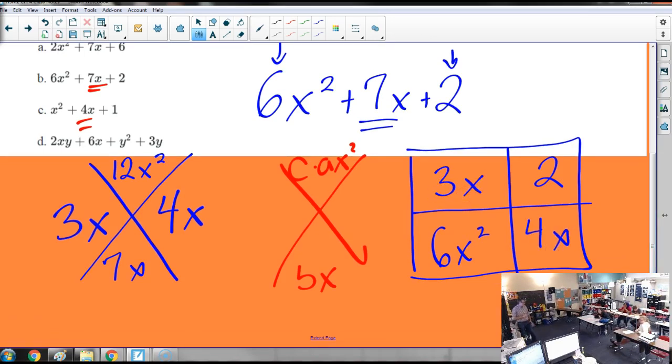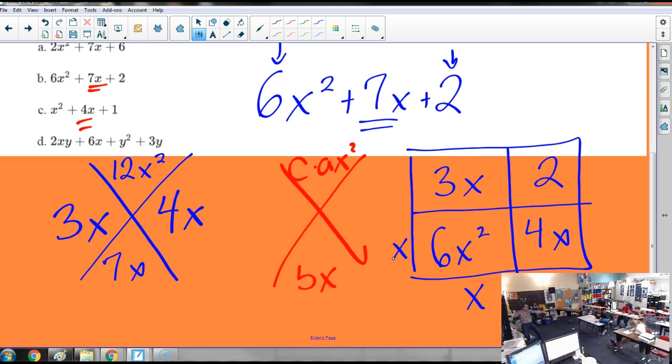If you want to experiment with this, flip it and put the 3x here and the 4x there. It's going to change where your factored dimensions go, but it won't change your final answer. We know we're going to have an x value here and an x value here. We can either have 6 and 1 or 3 and 2. It has to be 3 and 2 because of what we have inside.